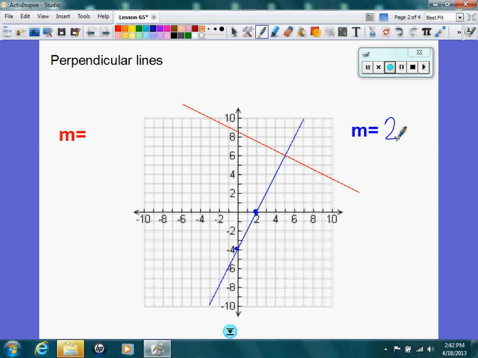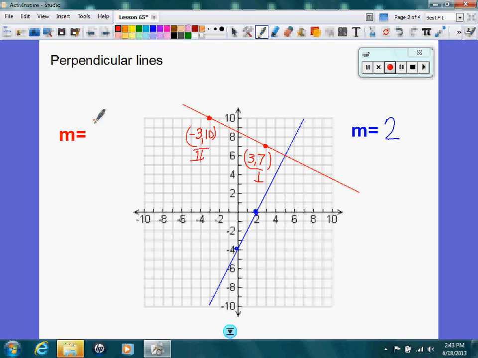So let's do this one. Let's pick a point here. Let's look like a good point there. The coordinates of that point would be (3, 7), and that looks like a good one there, so that one would be (-3, 10). We'll call (3, 7) point 1 and (-3, 10) point 2.